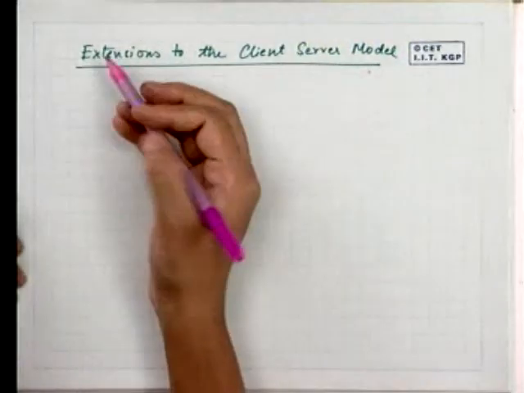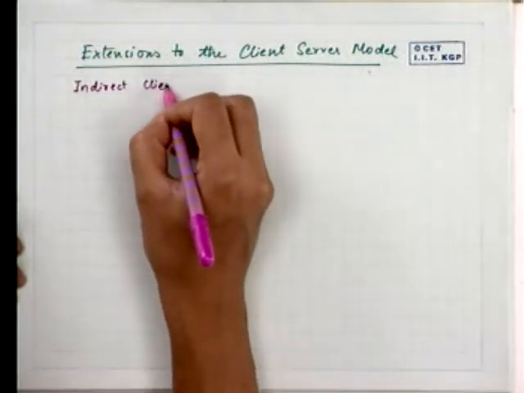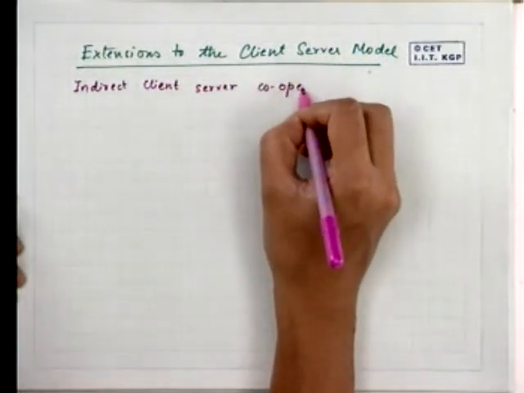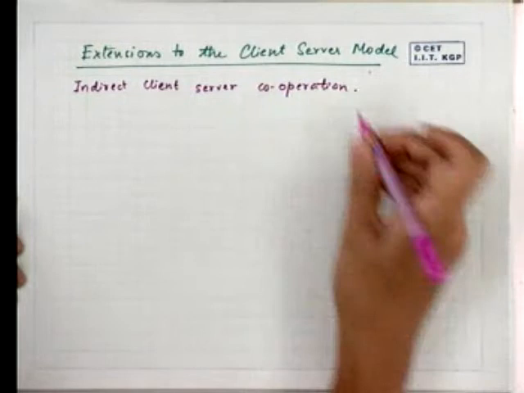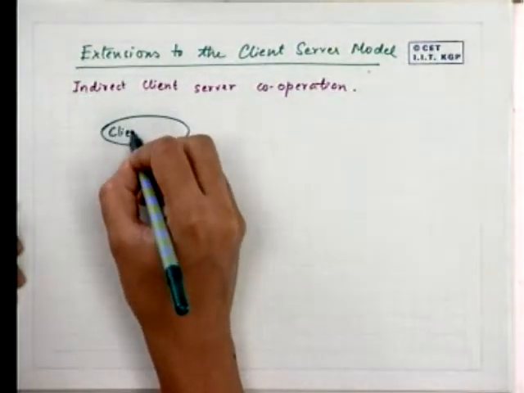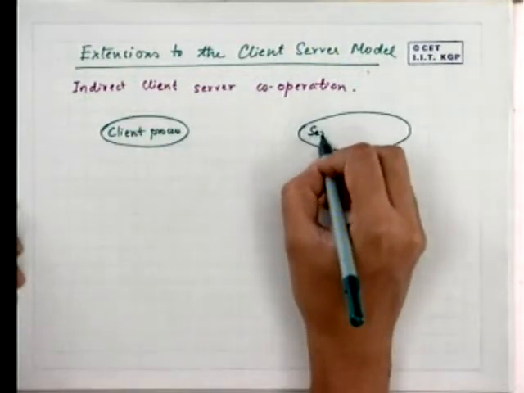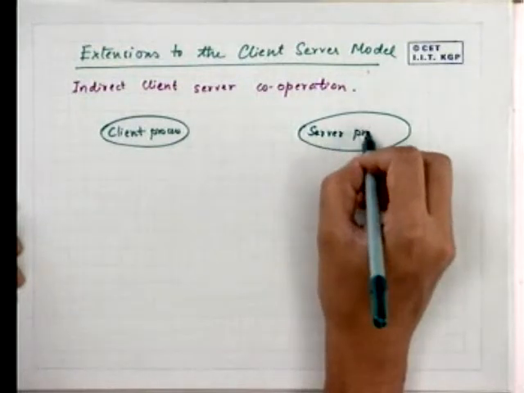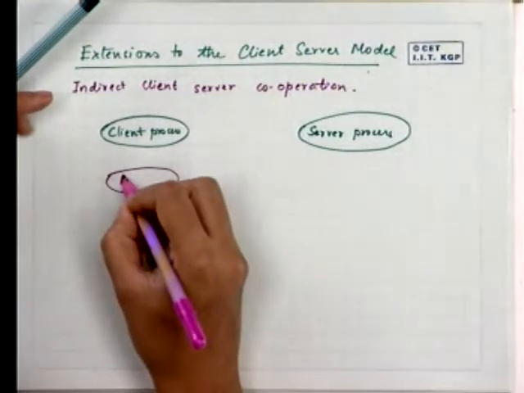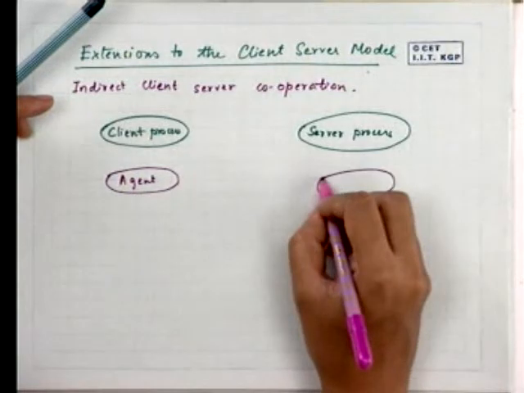We have indirect client-server cooperation. So we have a client process here and a server process here. Attached to the client process is an agent, and attached to the server process is another agent.